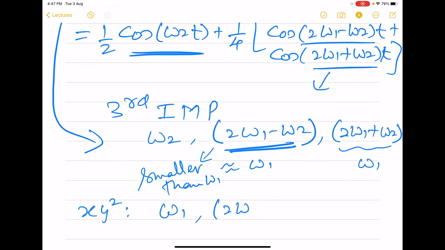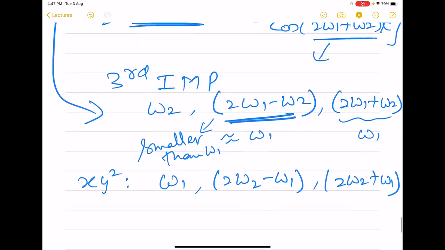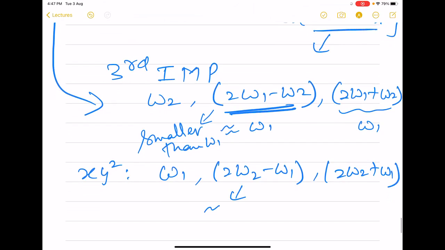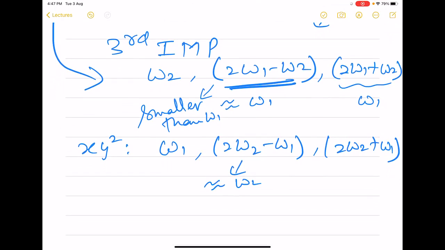Similarly, xy square is going to give rise to omega 1 and 2 omega 2 minus omega 1 and 2 omega 2 plus omega 1. Now this one is going to be closer to omega 2. In fact, this one will be larger than omega 2, right?